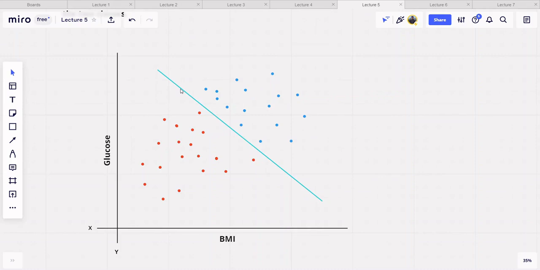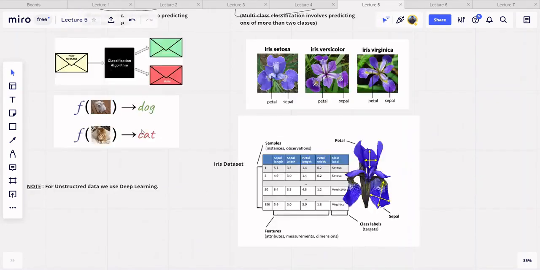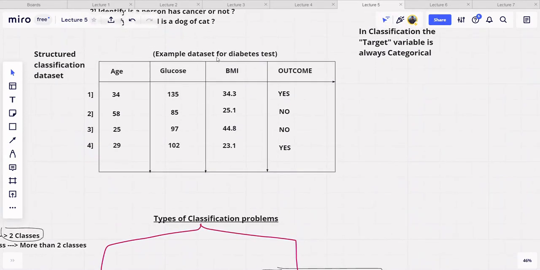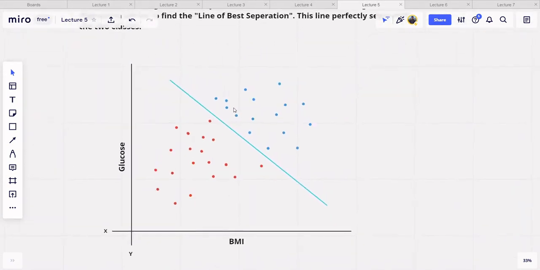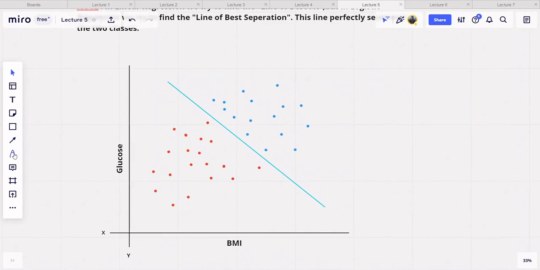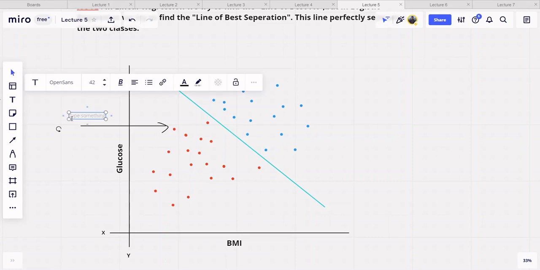So for example, here we are trying to predict if a person has diabetes or not, and we drew a scatter plot of glucose and BMI. All the people below this line, let me also draw this, will have diabetes.